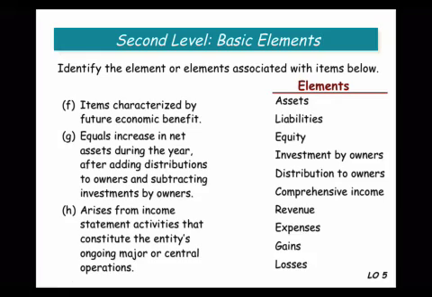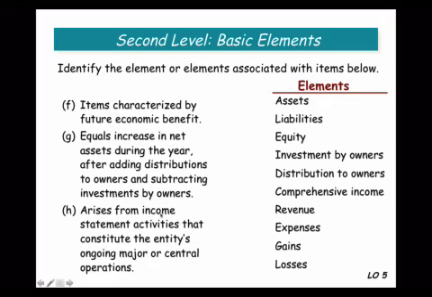Well, equals is a very specific thing. It's not a catch-all, and it's the increase in owners' equity not from transactions with shareholders. So that would be our comprehensive income, G, comprehensive income.